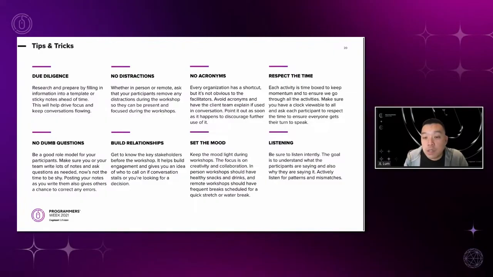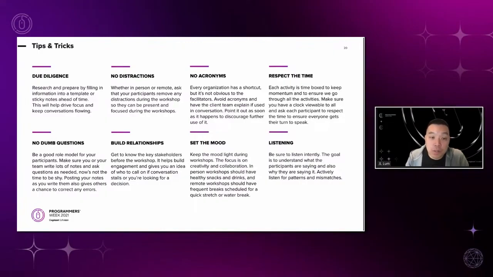So setting that precedent will let them know that you're going to be asking a lot of questions, and you're going to be putting your notes down onto a sticky note or something digital where everyone can see what you're asking. So if people are wondering about the same thing, they can chime in, or if somebody knows the answer, they might be able to post it onto your sticky notes if it's done digitally, or address that later if it's in person.